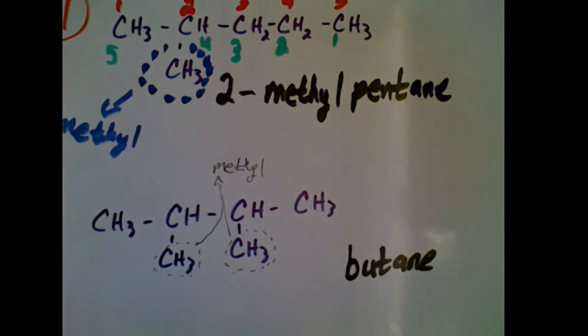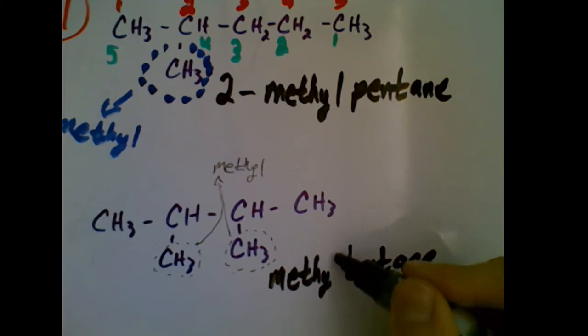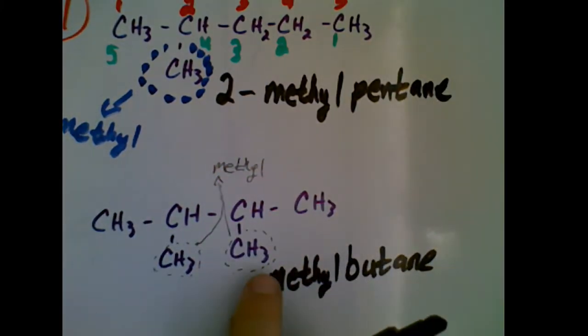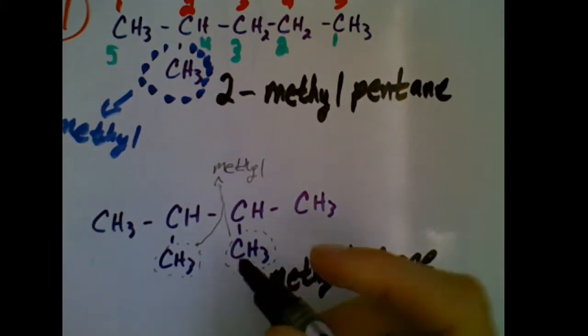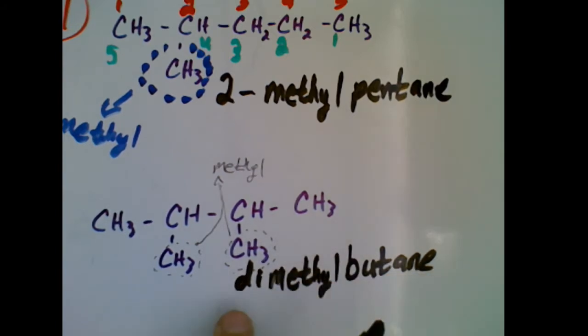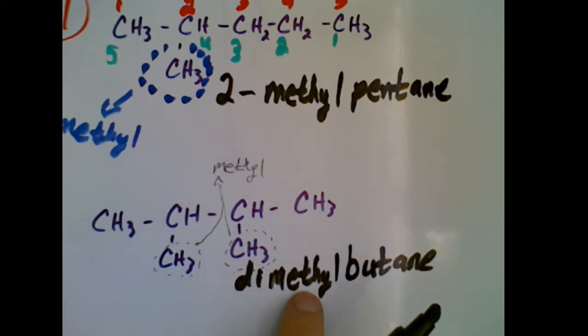So the beginning of this name is going to be methylbutane. But I have 2 of them, and to represent that there are 2 methyl groups, we use a prefix in front. And so I would actually call this dimethylbutane, because there are 2 methyls on a 4-carbon chain with single bonds.